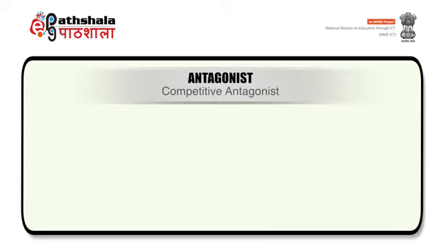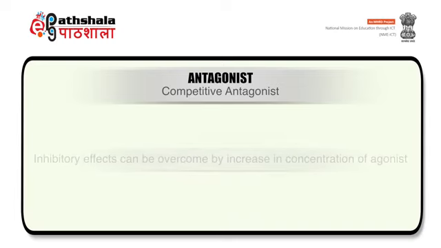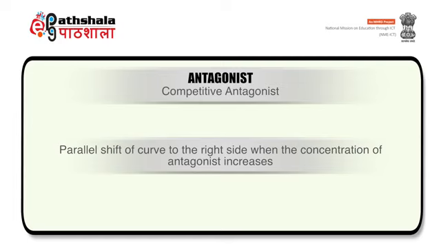Competitive antagonists involve competition between antagonist and agonist and bind reversibly to the same receptor site. Antagonist inhibitory effects for the same receptor can be overcome by addition of a higher concentration of agonist. In the presence of competitive antagonists, higher agonist concentrations are needed to produce the same effect as in absence of antagonist.